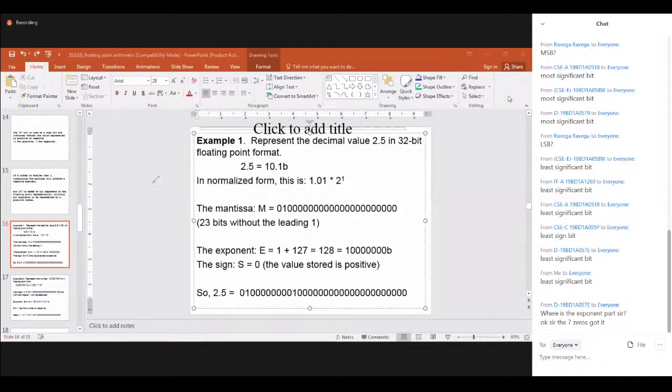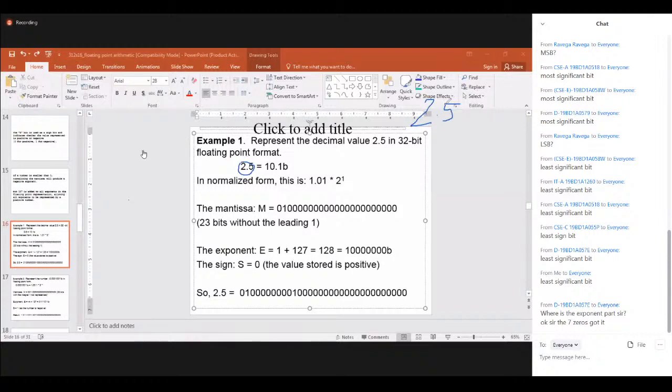Just wait, I am trying to get it solved. Yes, you can see here. I am taking the binary number 2.5. I'm telling you the normalized form. I was searching for the annotations. I got it now. So please try to concentrate.